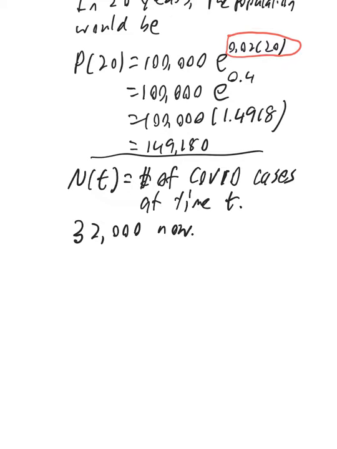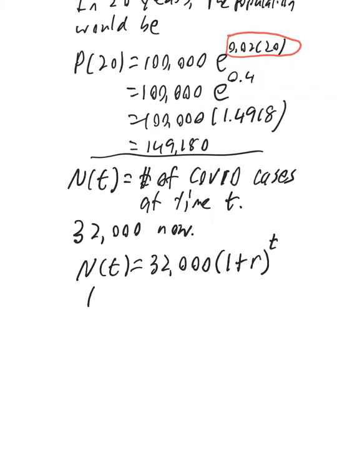We're going to use N of t is, we have 32,000 now. We don't know the r at this point, and we're going to measure t not in years, but number of days from now.